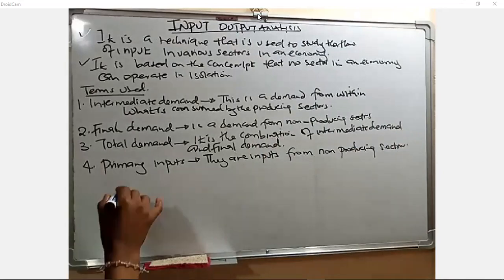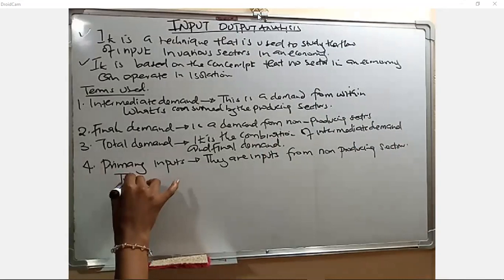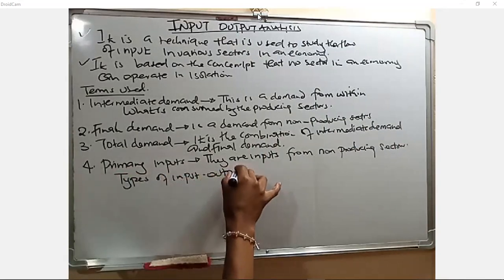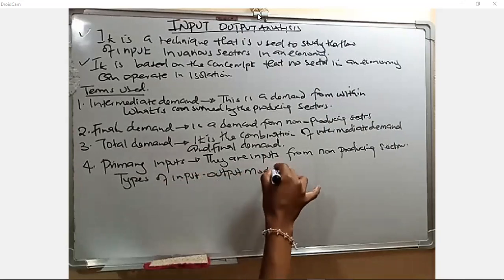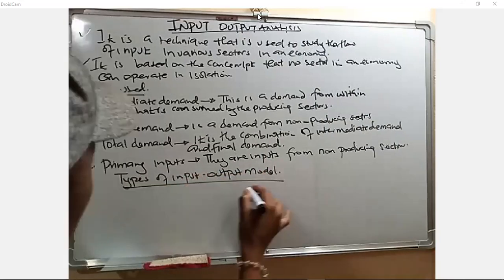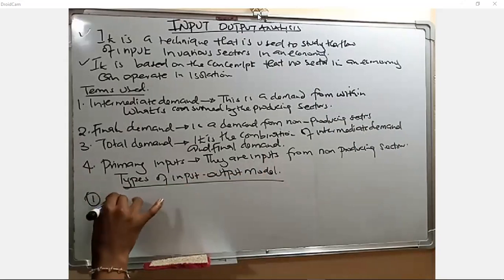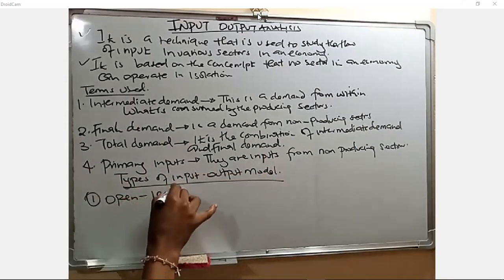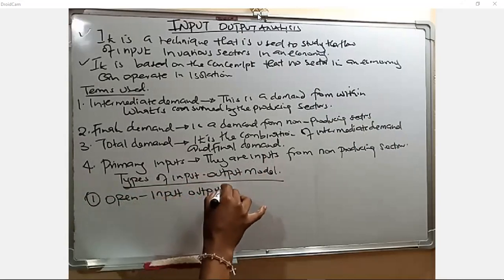So what are the types of input-output model that we normally have? We normally have only two. One, we have the open input-output model.